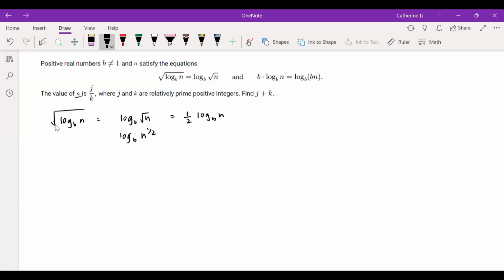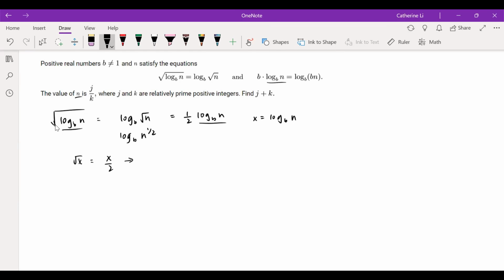And since we're seeing so many log base b of n's everywhere, we're just going to substitute a new variable, x, to make it less writing and also just simplify our equations. So that means square root of x is equal to x over 2.